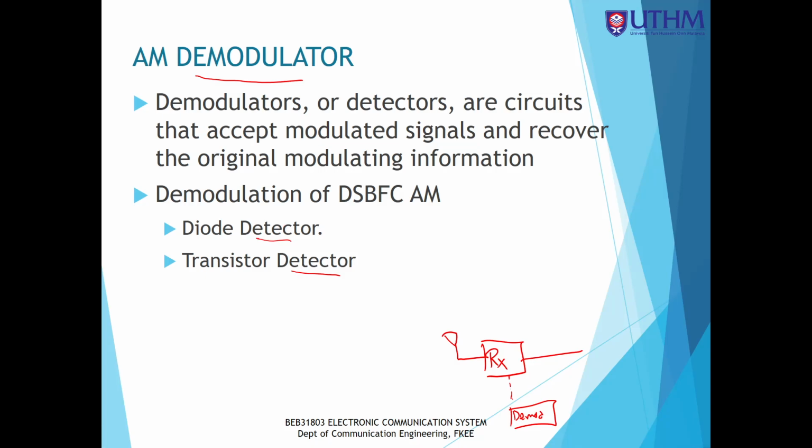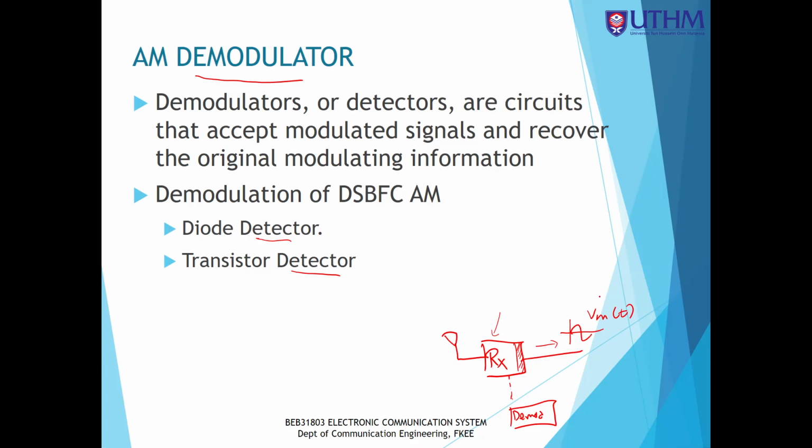And later you're going to see that the demodulation process happens at the end of the receiver section, because within the receiver there are a lot of processes that happen. At the end of the process, there's going to be a demodulation process before the signal comes out as the original signal.